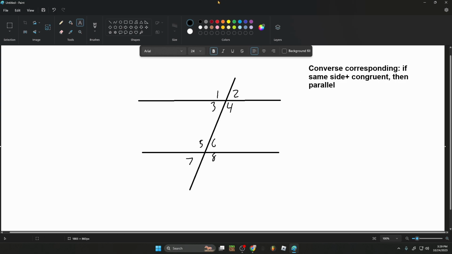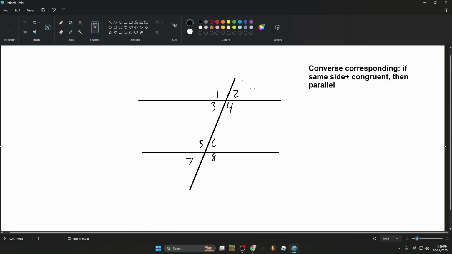Alright, guys, the second one. The next one is converse alternate interior angles. In the last video we went over what an interior angle was. If you don't remember, interior is this side.